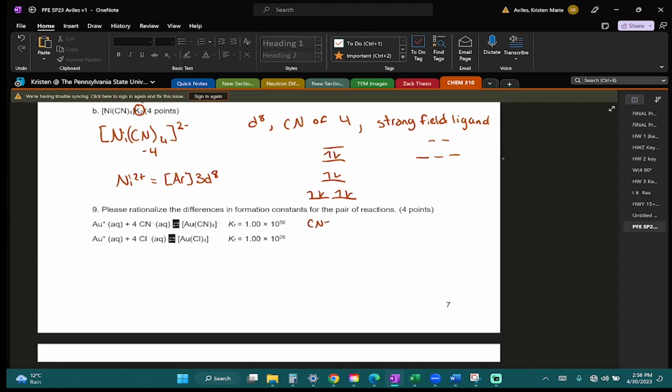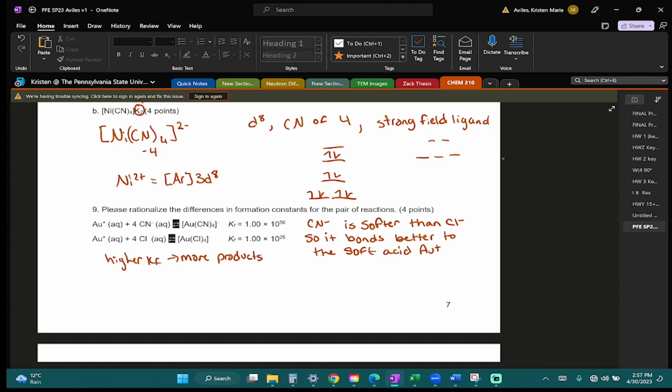So CN minus is softer than Cl minus, so it bonds better to the soft acid Au plus. So if we have a higher Kf, this usually means that we have more products. Additionally, like someone said, cyanide is a strong field ligand.